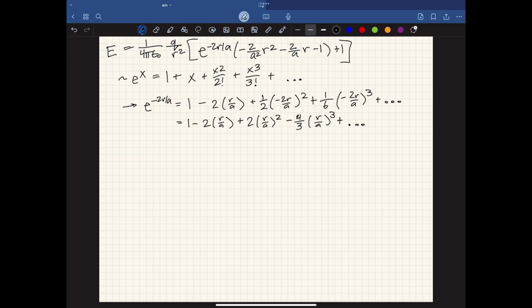We can substitute this into the equation for the electric field. These higher order terms at the end here are very small and negligible in our case, so using this much is a pretty good approximation.